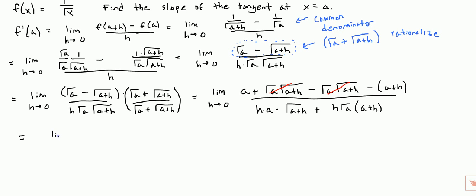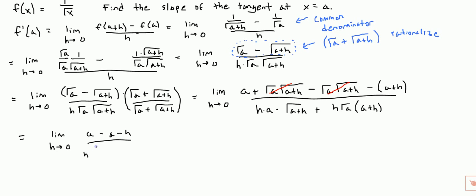And there's another cancellation, but let's rewrite it first. So we're going to have a, and then we have minus a minus h. Right? Over both of these terms have an h, so I'm going to factor it out.